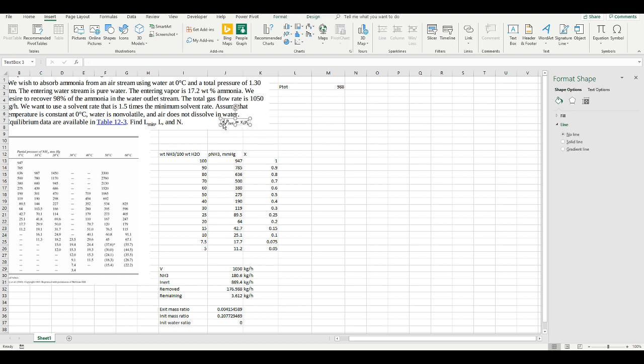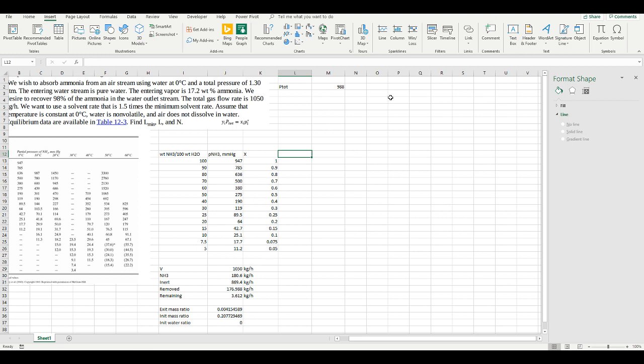Raoult's law says that the vapor mole fraction times the total pressure is equal to the liquid mole fraction times the partial pressure. Now, the total pressure is simply 760 millimeters of mercury times 1.3, which gives us 988.